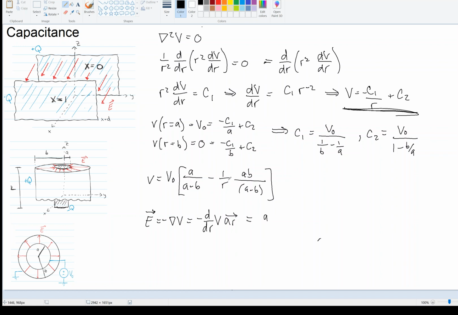And so here I've got r to the minus 1. So when I differentiate that, I'll have an r to the minus 2. So I've got AB. The negative goes away because of the negative coming down in front, canceling. R squared B minus A, AR, like that. So there's the electric field.